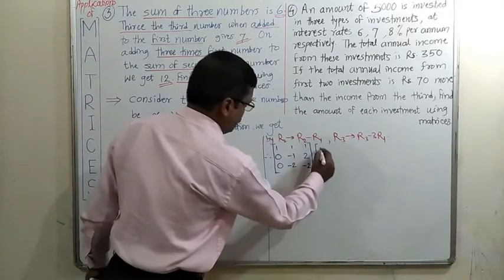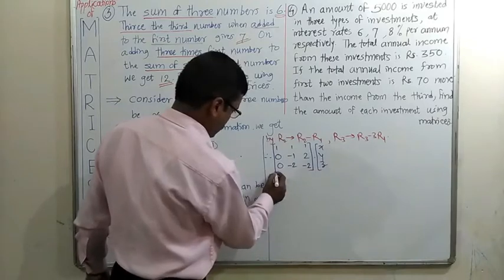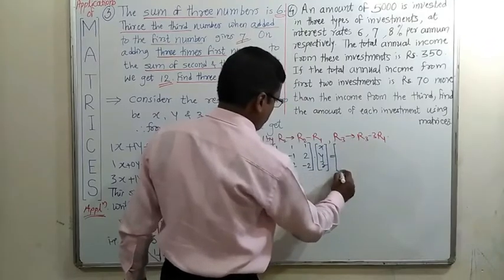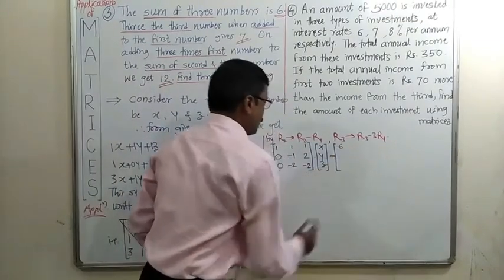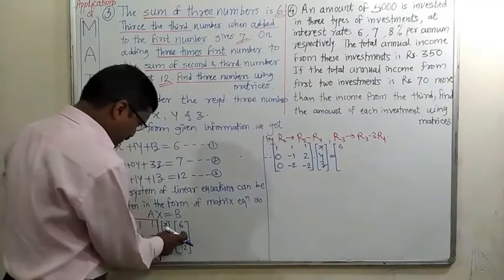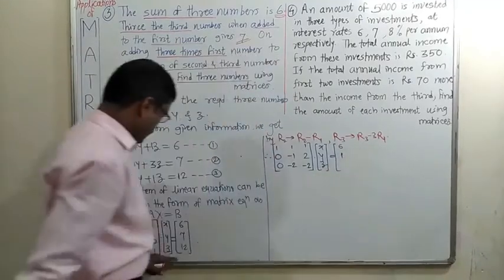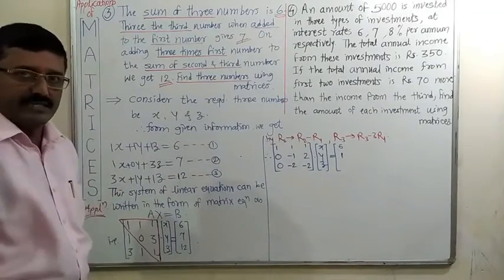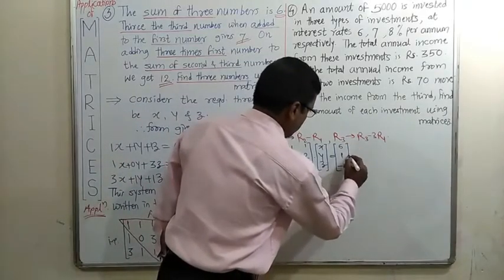Into x, y, z, equal to changes in R2 and R3, so R1, 6 remains as it is. Then R2 minus R1, so 7 minus 6 is 1, and 12 minus 3 times 6, that is 18, 12 minus 18 is minus 6, so the last element is minus 6.